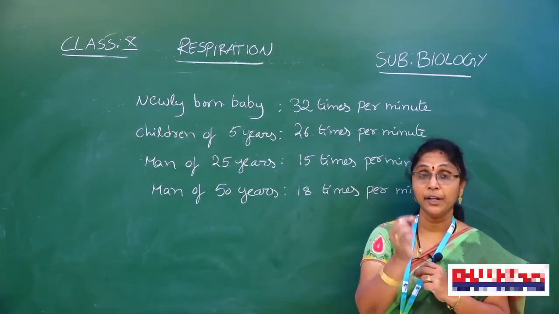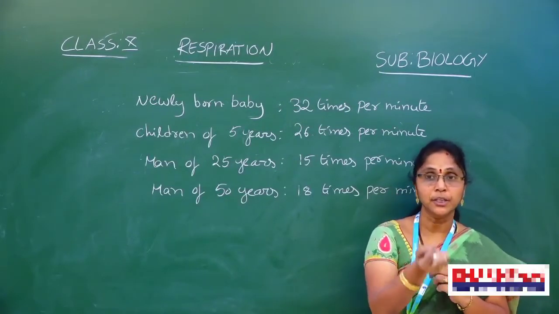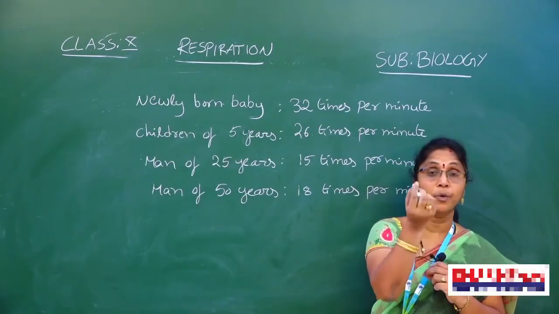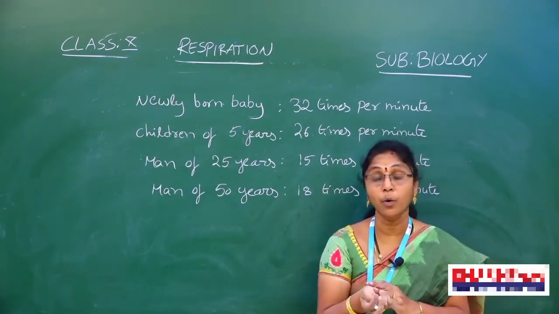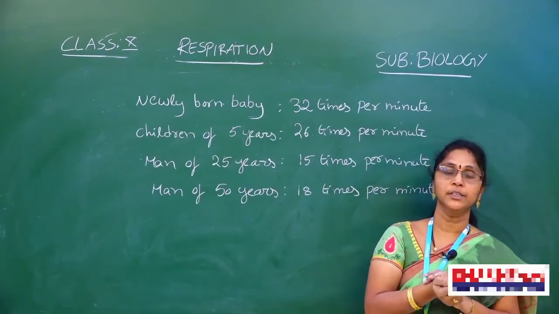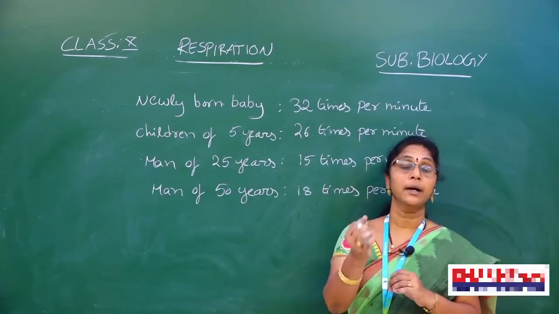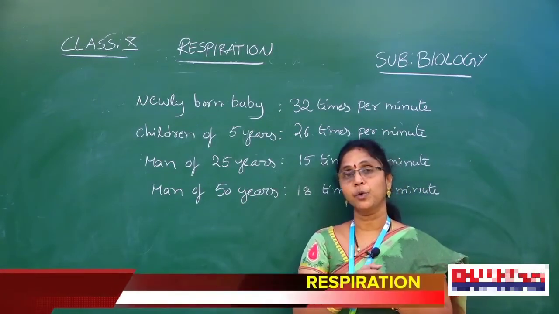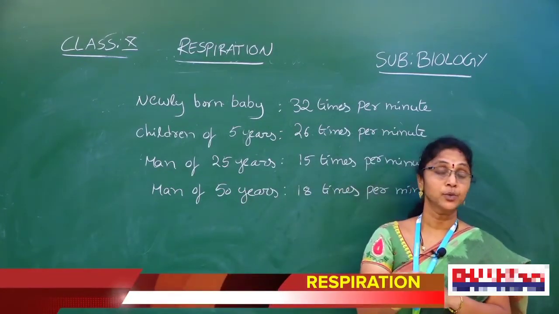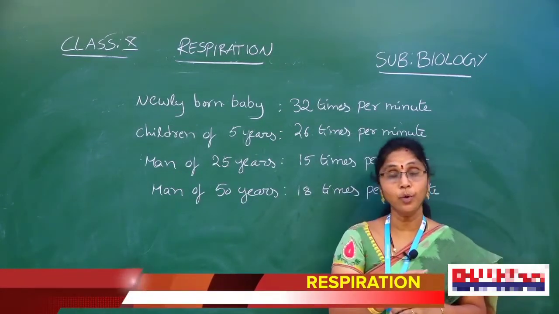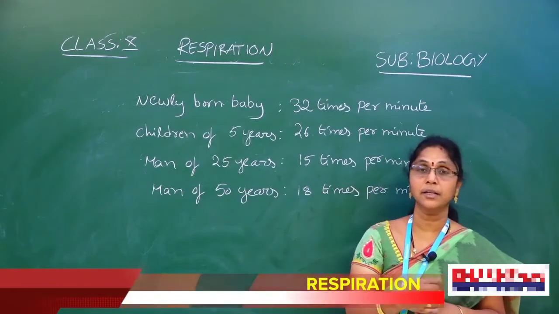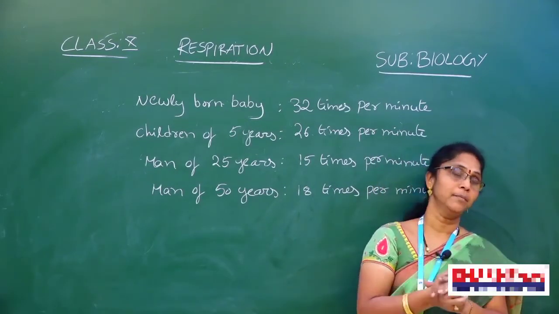That's why in waterlogged conditions, the roots grow upward and protrude out of the soil, and through them oxygen is exchanged. So stomata, breathing roots and lenticels are the respiratory organs in plants.